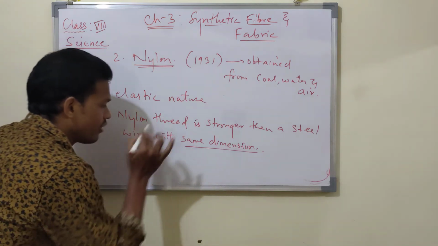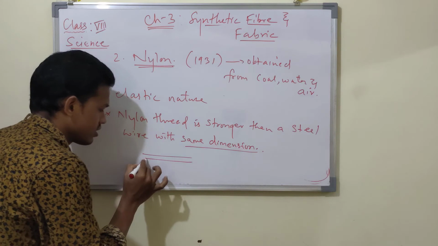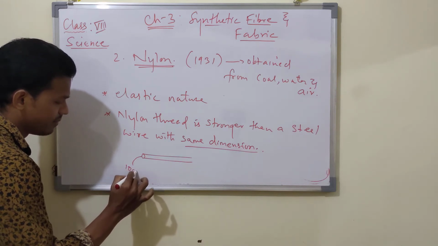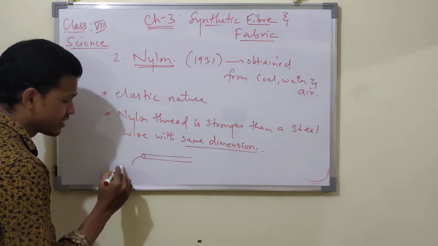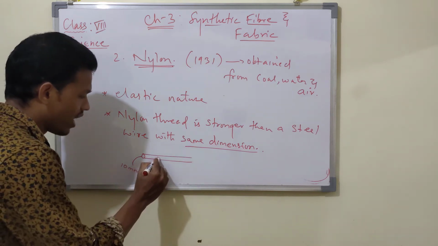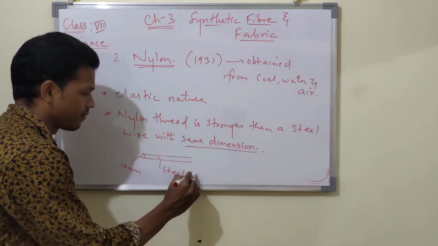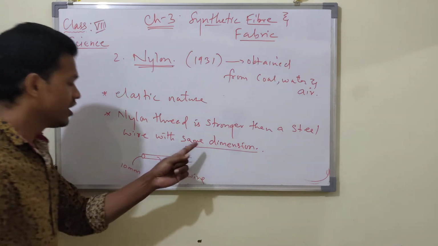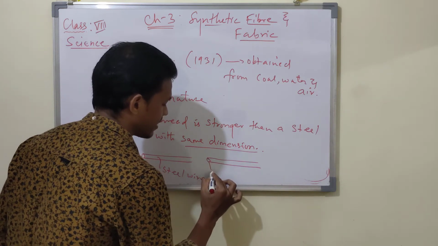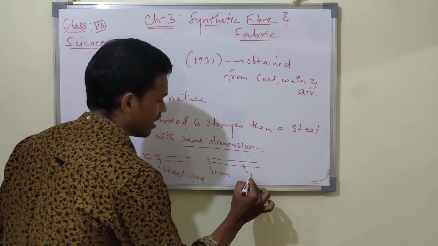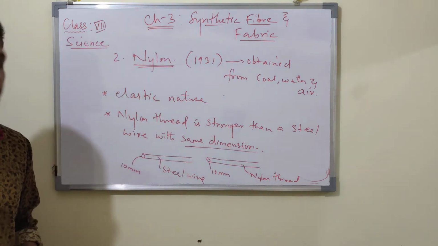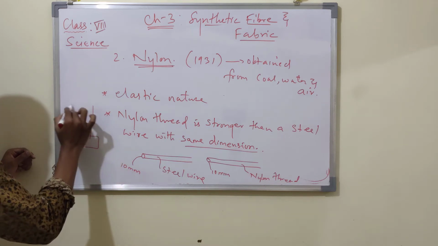If you take a nylon thread having a dimension, that is a diameter, of 10 mm, and take a steel wire also having a dimension of 10 mm, make a fine strand.